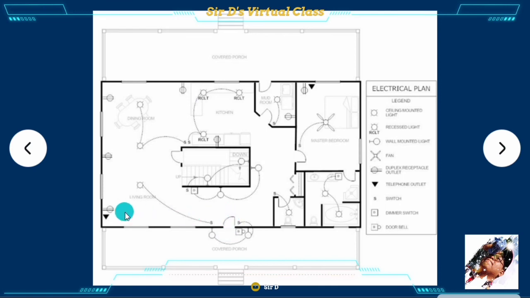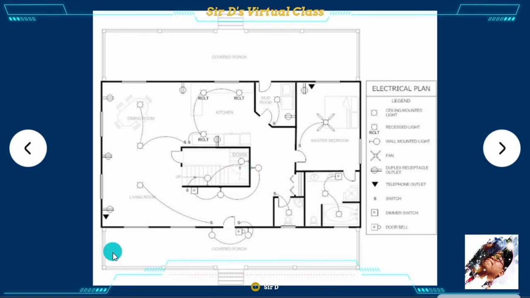Going inside, you have your living room, dining room, kitchen, the maid room, the master's bedroom, which has its own toilet and bath. And then outside of the master's bedroom, you have another toilet. Then you have your staircase going up.